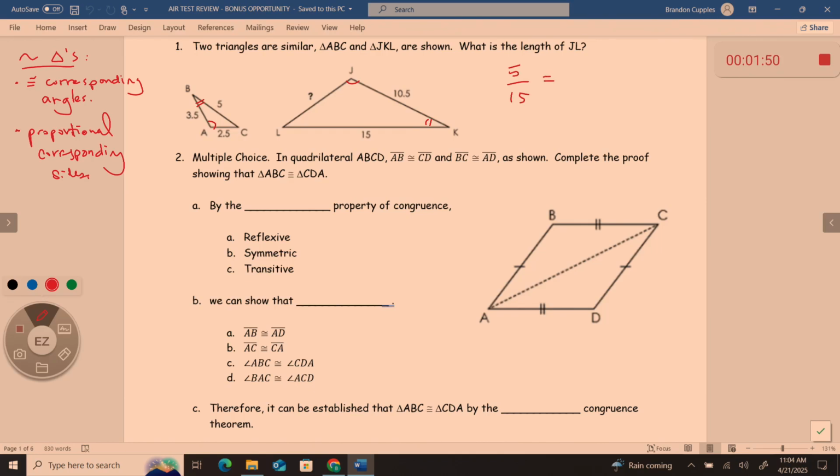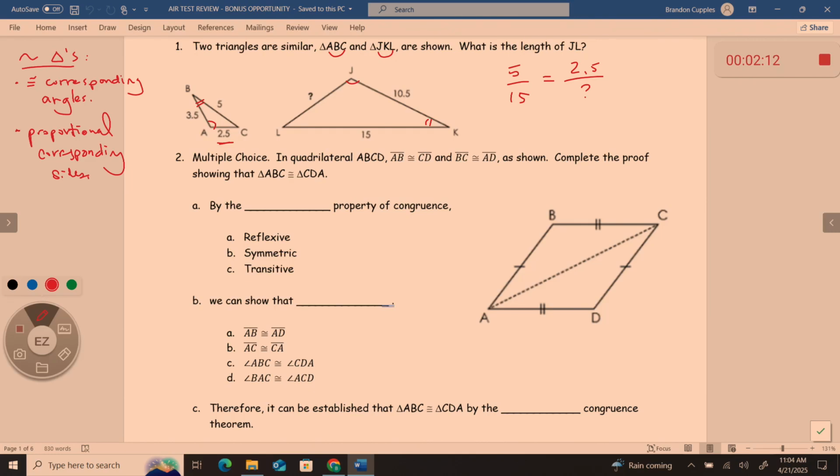Okay, and that has to be growing at the same rate as 2.5. AC corresponds with JL. Okay, and so as a result, I might say 2.5 is to X, or JL, or maybe I'll just make a question mark here because that's what it shows up in the problem as.